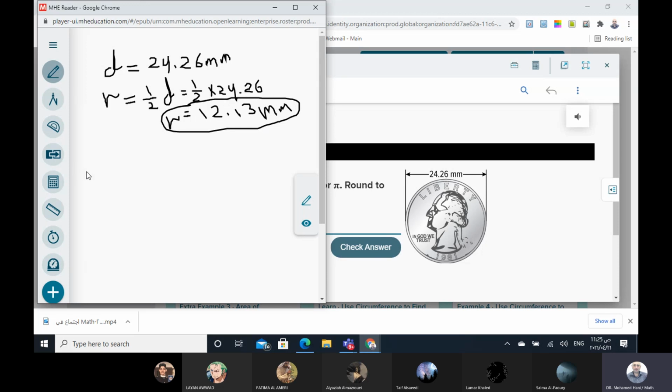Now to find the area, start from the formula: A equals pi times r squared. The value of pi will be 3.14 times the value of r, which is 12.13, squared.